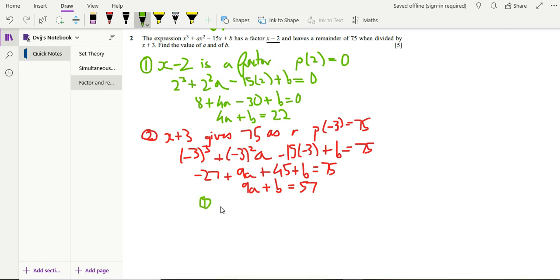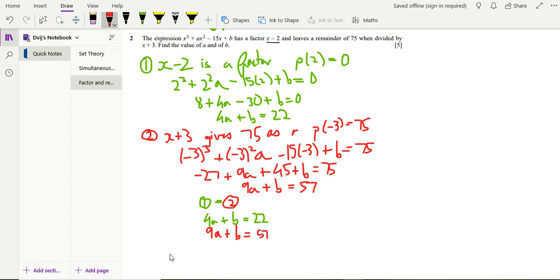So let's say that 4a plus b is equal to 22, and we also know that 9a plus b is 57.